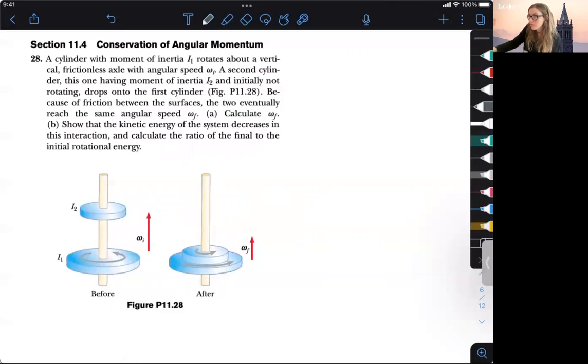Okay, all right. So we don't have any forces here that would be acting to cause any kind of torque, right? Nothing that's going to cause a change, right? We know that torque, delta L, is equal to the change in angular momentum from the way that we introduced our equations. So we don't have that happening here.